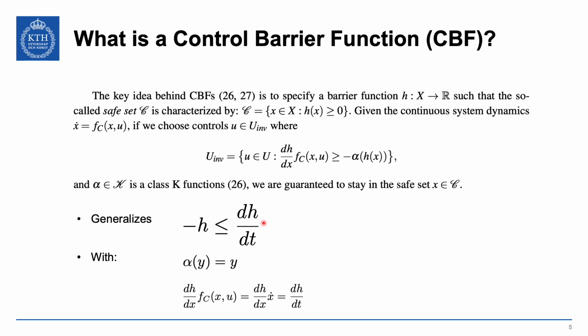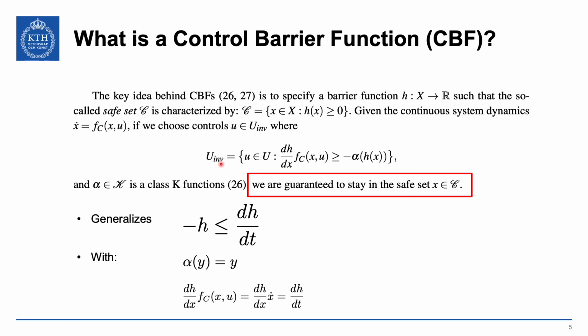I mean, if you're driving fast, you can't just set your velocity to 0 and then it happens instantly. You can set it on the cruise control, but it's going to take some seconds before it actually happens. But the key point is control barrier functions guarantee us to stay in a safe set as long as we choose controls satisfying this inequality.